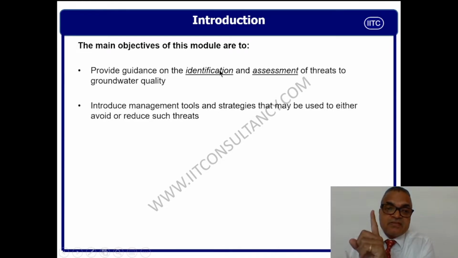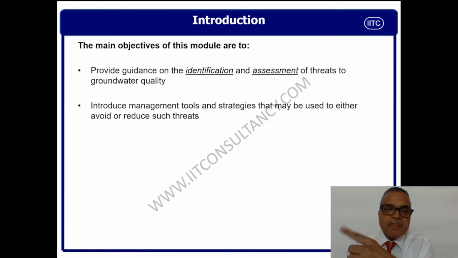Those threats which are responsible for affecting groundwater quality, we need to identify. And then after identifying the threats to water quality, we will see how to assess those threats. And after assessing the threats, we need to find out the control measures, the preventive measures, for how we can protect groundwater quality.